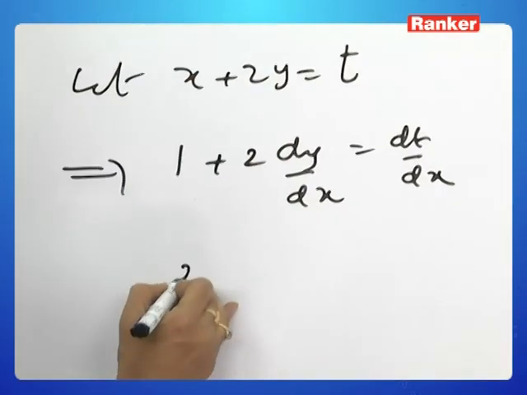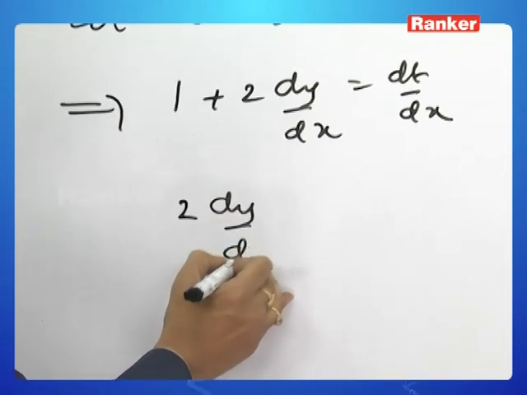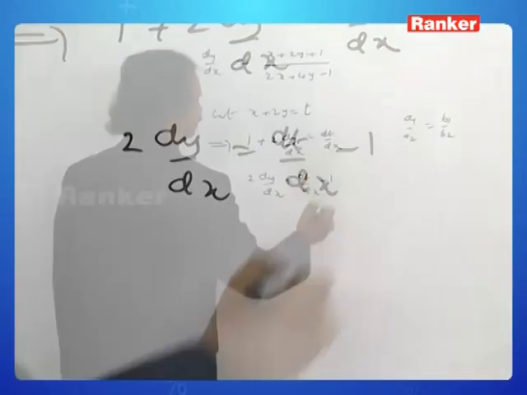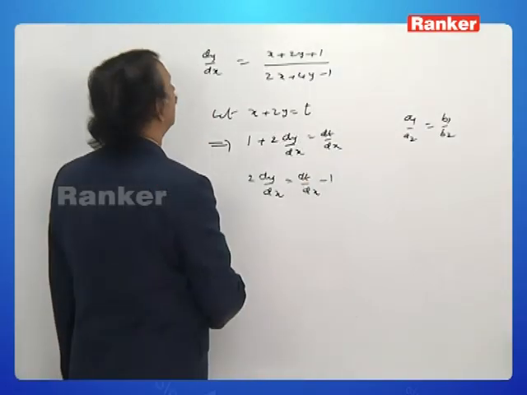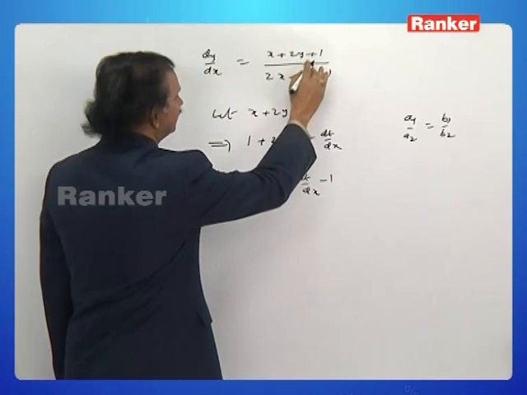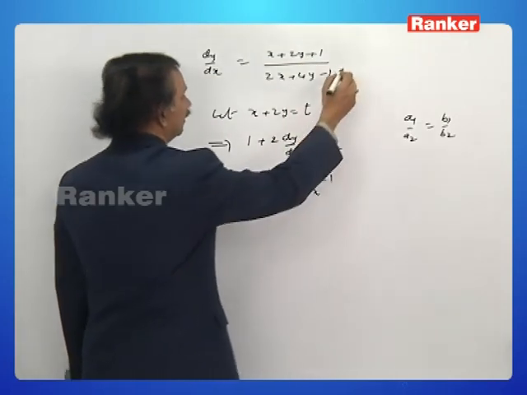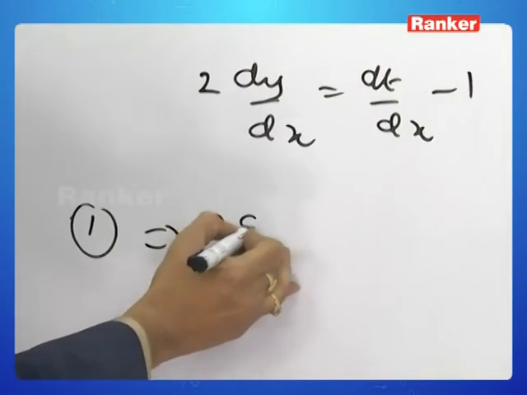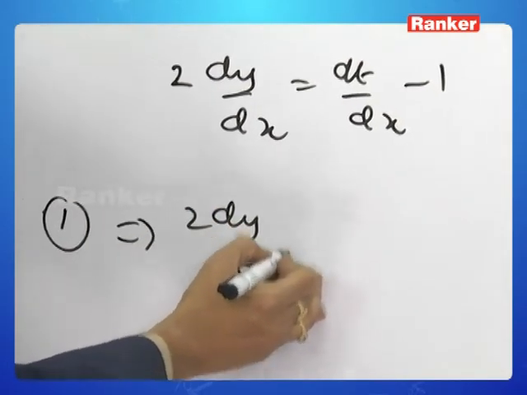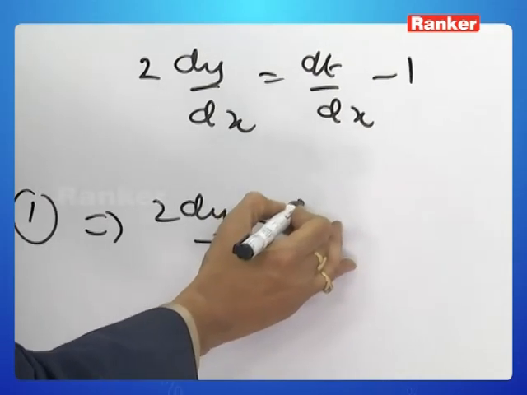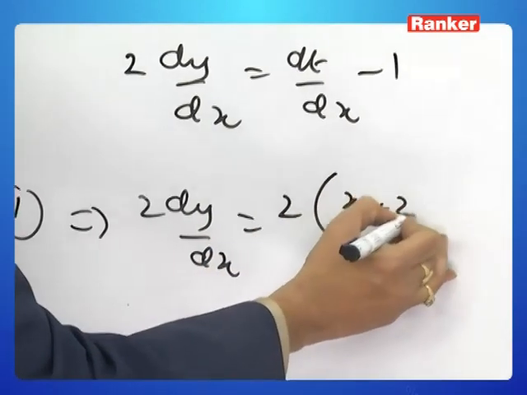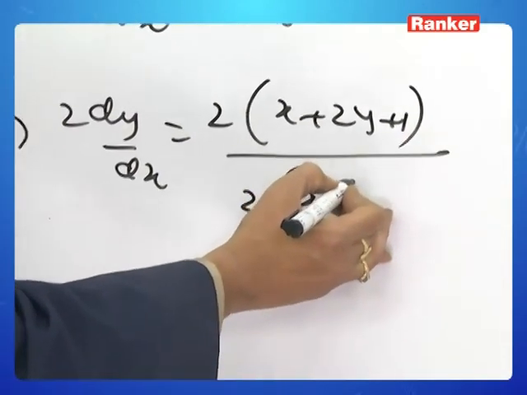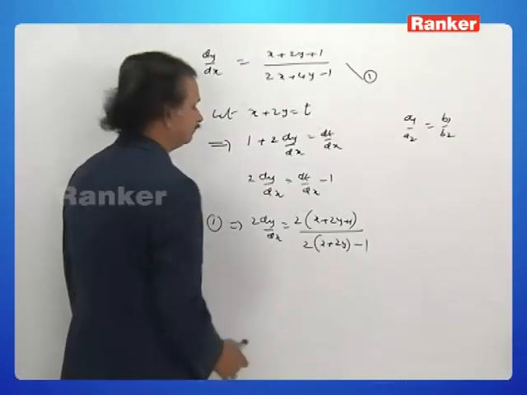Okay, therefore 2 into dy by dx is equal to dt by dx minus 1. Well done. Multiply this with 2. What happens? Let me call this 1. 1 implies 2 dy by dx is equal to 2 into (x plus 2y plus 1) by (2 into (x plus 2y) minus 1).